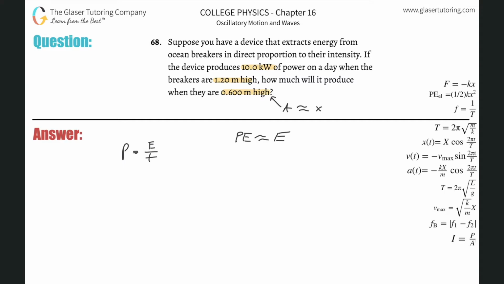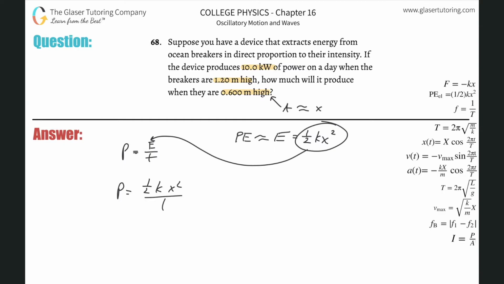So the energy here is equal to 1/2 the force constant times the displacement, wave height, amplitude, whatever you want to call it, squared. If I substitute that into my formula for energy, then the power is equal to 1/2 k x squared, all over t.